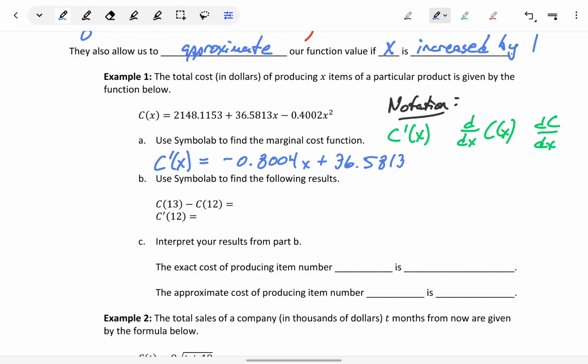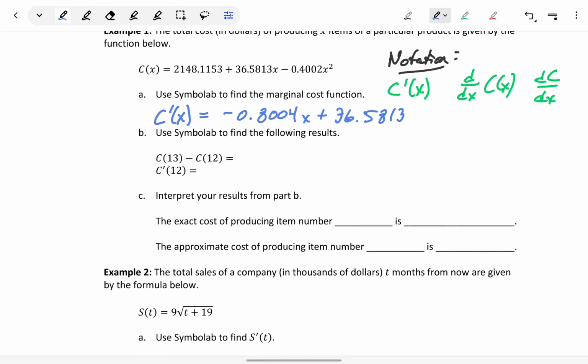Now what we want to do is use Symbolab to find the following results. We want to come up with c of 13 minus c of 12. Since there's no little tick mark there, that's not evaluating the derivative. That's evaluating the original function at 13 and 12.